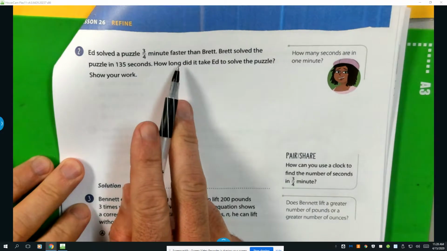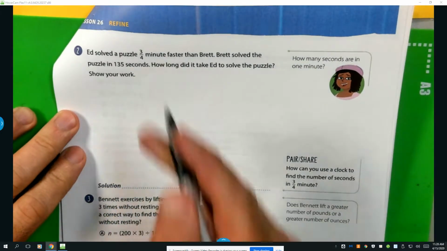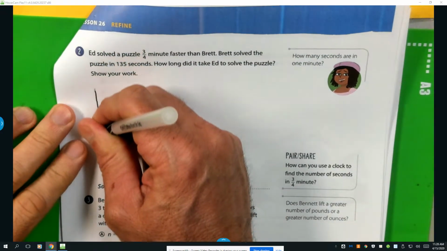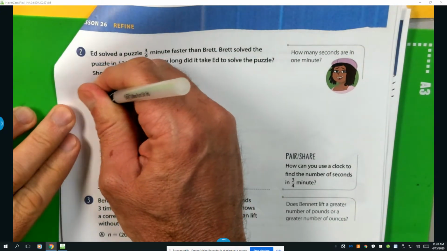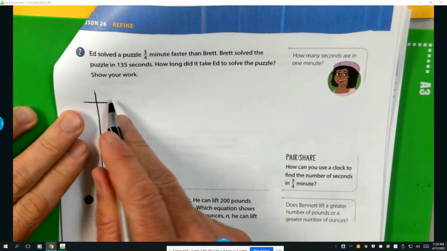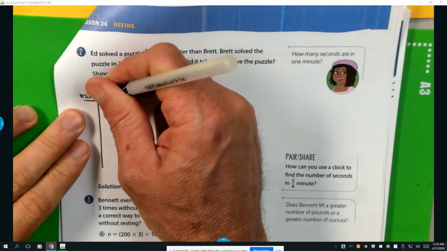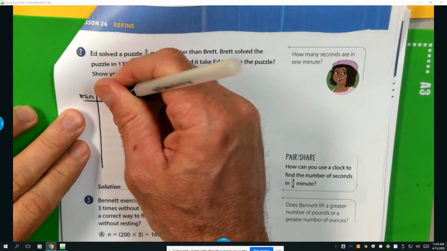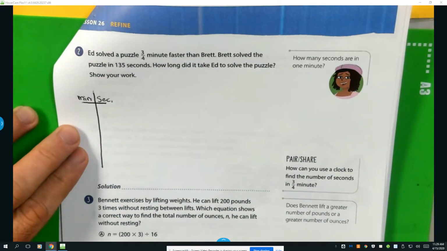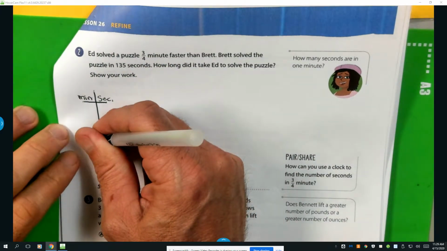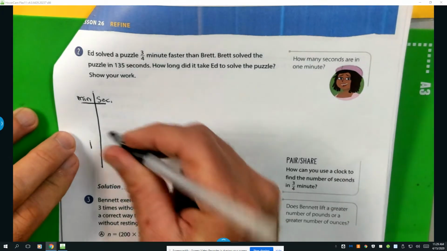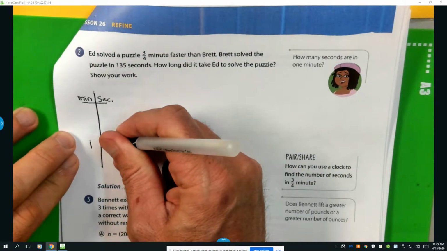I always want to know my minutes to seconds ratios, or my conversion. So I know if I go minutes on this table, seconds on this table, I know that 1 minute equals how many seconds? Well, that's going to be 60.